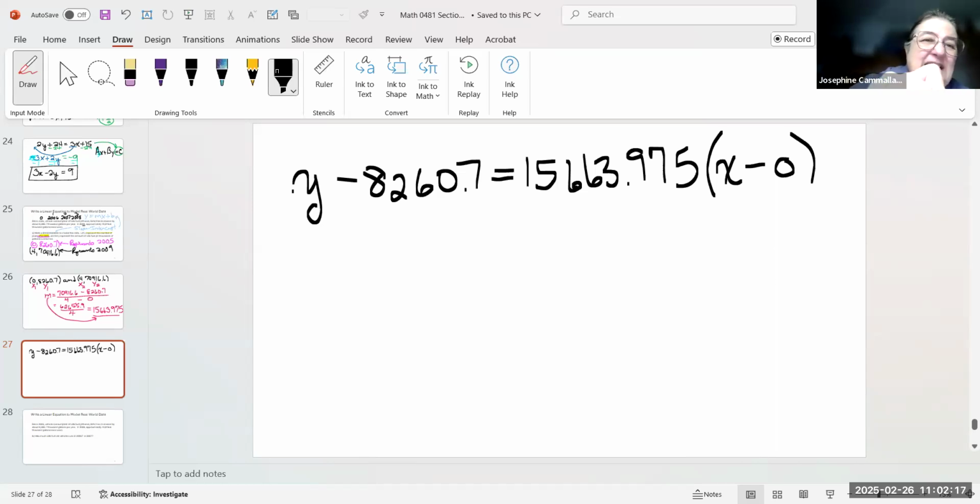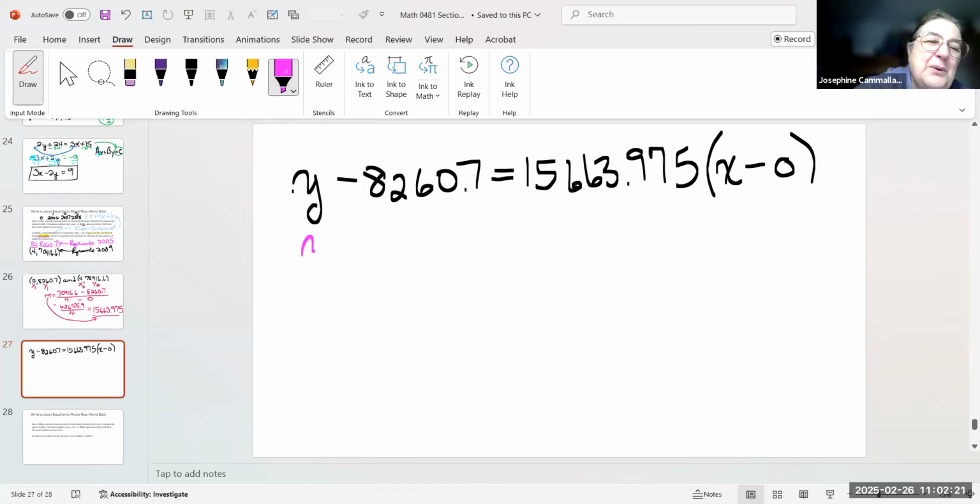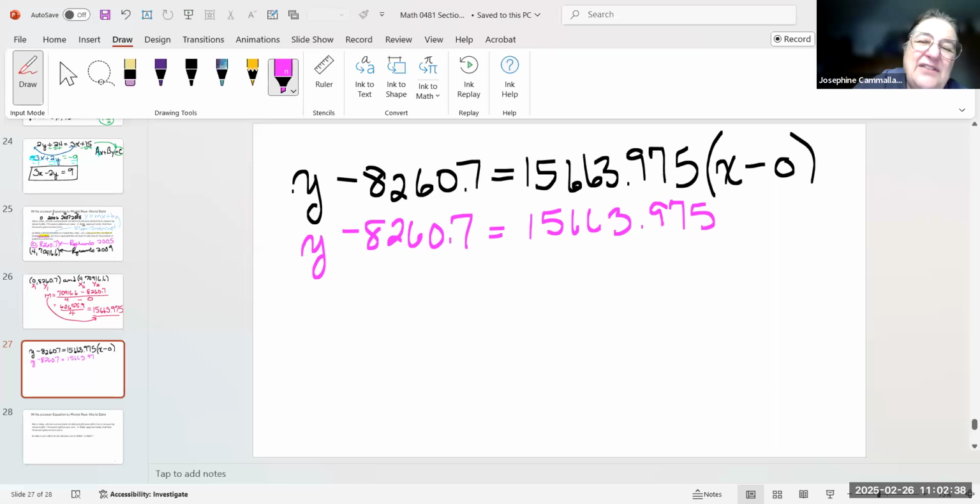Well, let's distribute. y minus 8260.7 is 15663.975x.